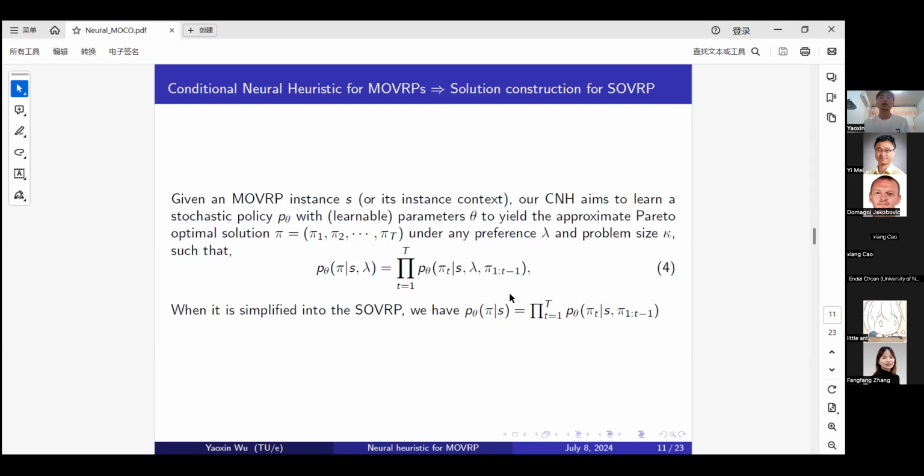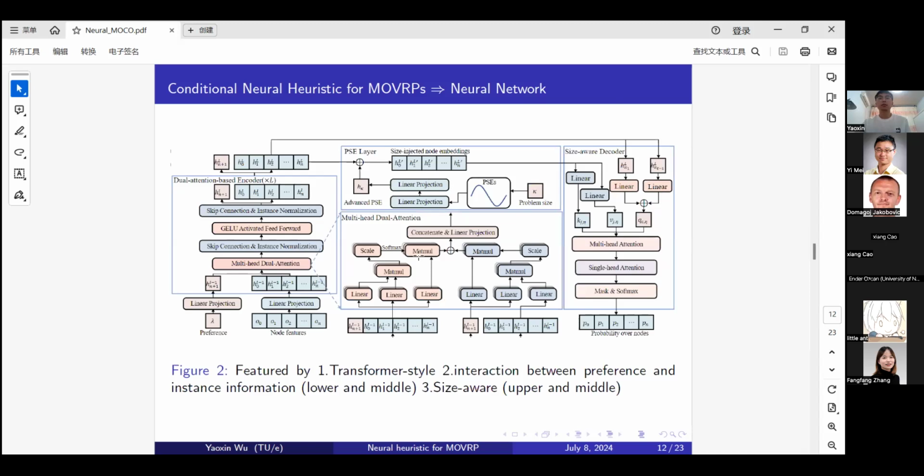In this case, the neural network is a very suitable method to handle this situation, because we can use the parallel computing power of a neural network to solve these different single objective vehicle routing problems in parallel. So we propose this transformer-based neural network to solve the group of single objective vehicle routing problems.